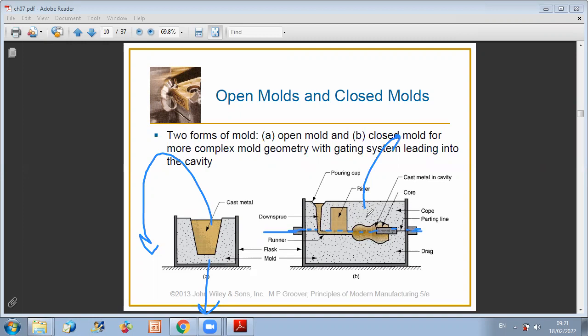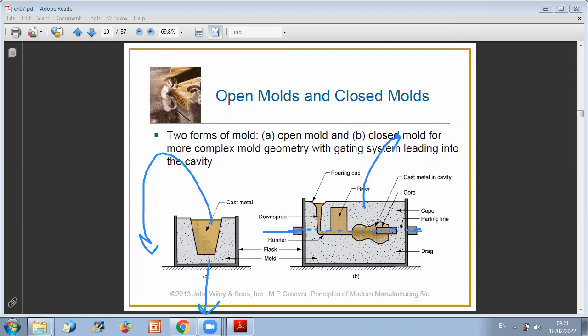And sometimes, if the geometry is very sophisticated and does not allow the possibility to open the mold, then the mold should be destroyed to extract the product.